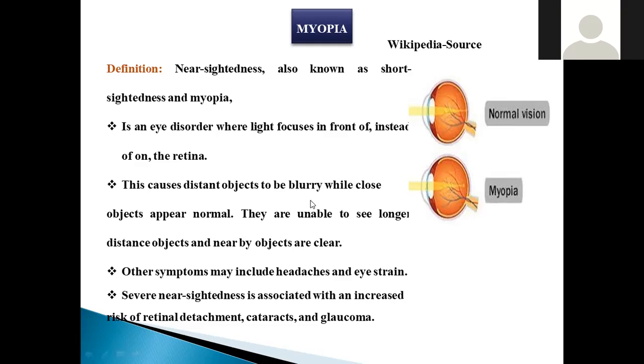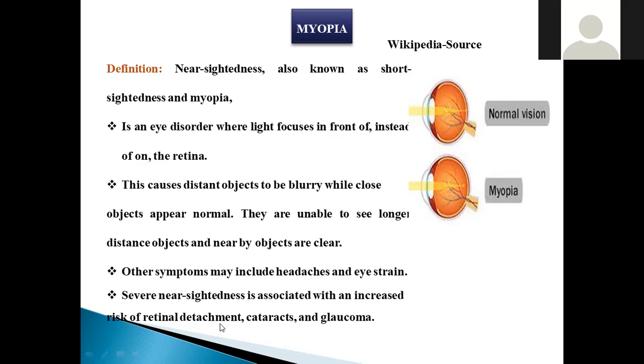Because of this reason, blurredness is induced whenever the object is far away from the human eye, and whenever myopia is there, headache is possible and eyes get strained because we have to strain more in order to visualize the object. That's why eye stress is possible. And if severe nearsightedness is present, that leads to retinal detachment.